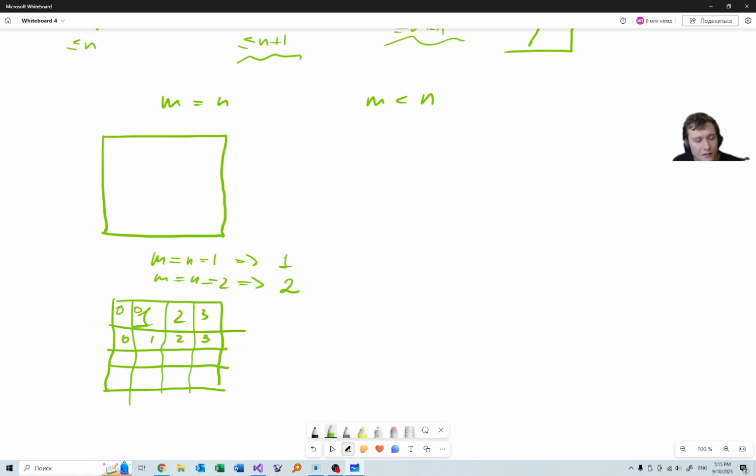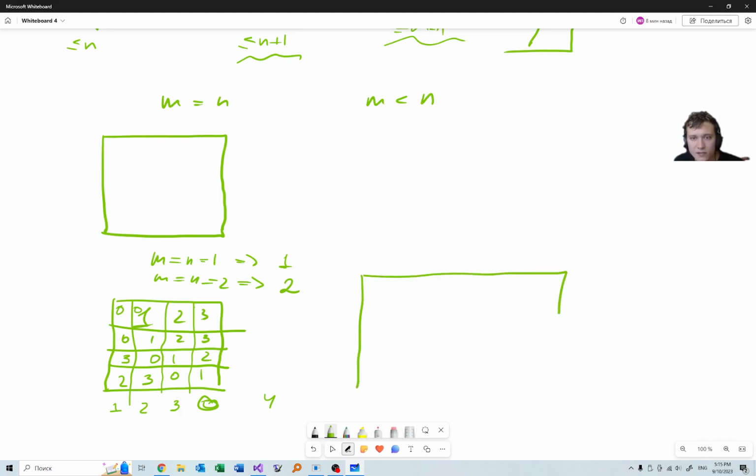And what I want here is like this. So here I have max 1, here I have max 2, here I have max 3, and here I have max 0. And so the answer is 4. Okay, so I just repeat one row twice, and then I do the same solution.